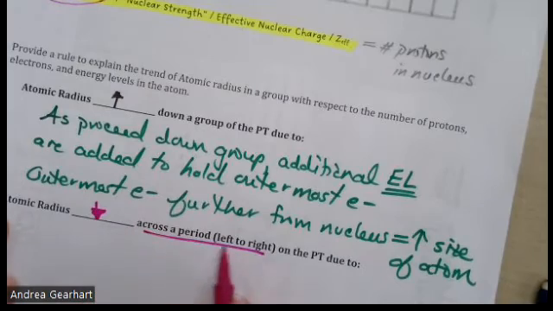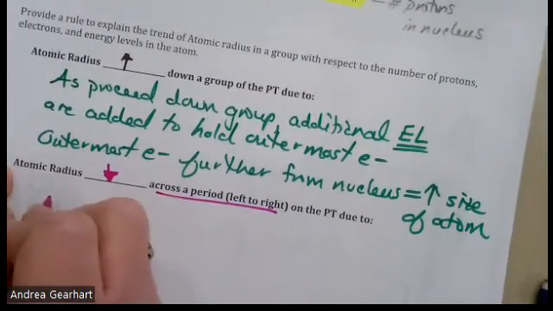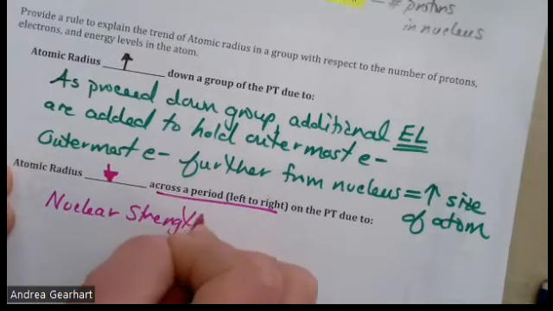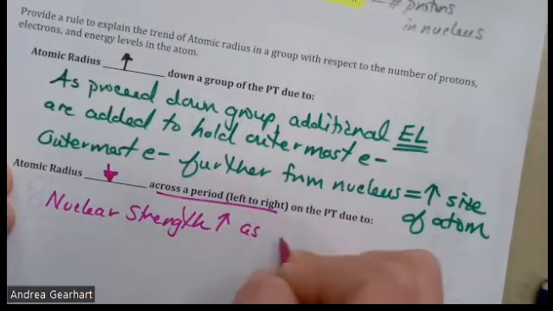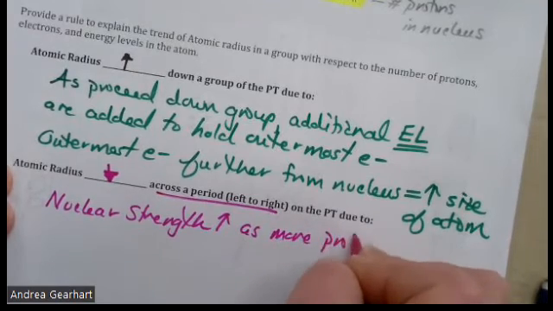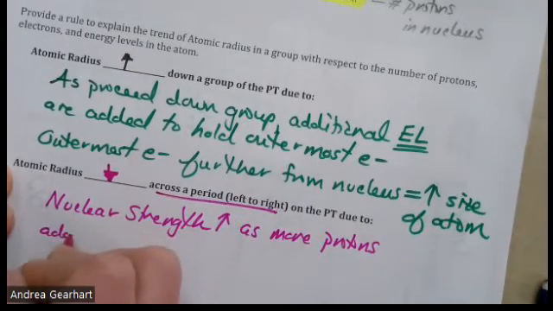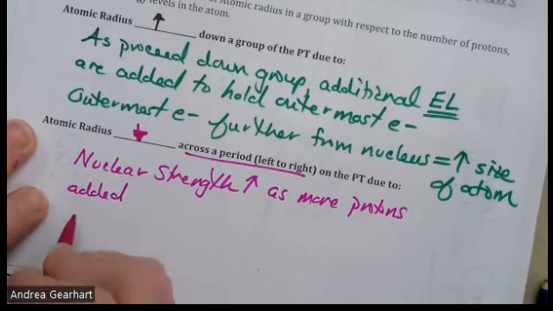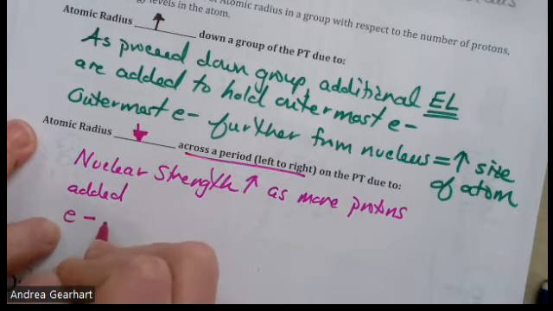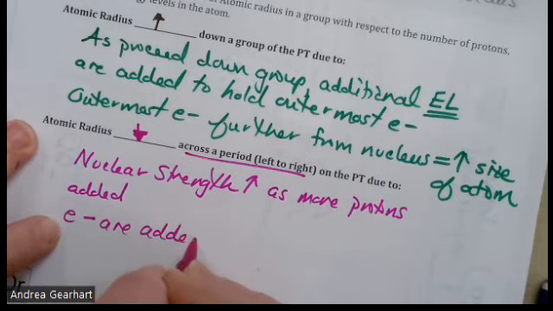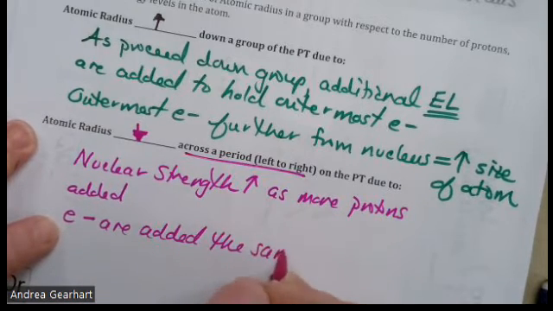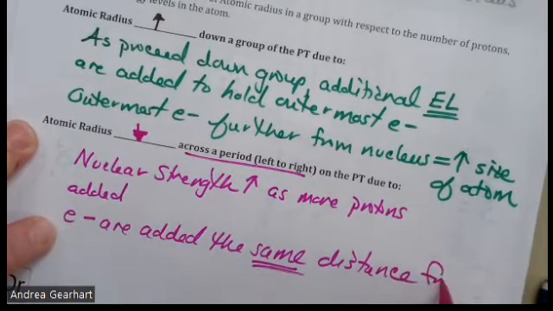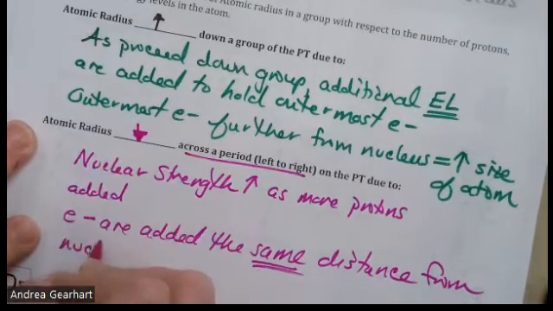Okay, so across the period, our nuclear strength is increasing as more protons are added to the nucleus. But the electrons are added the same distance from the nucleus.